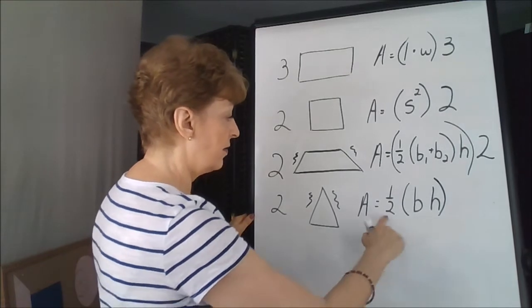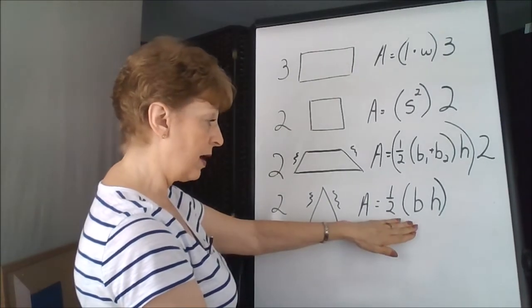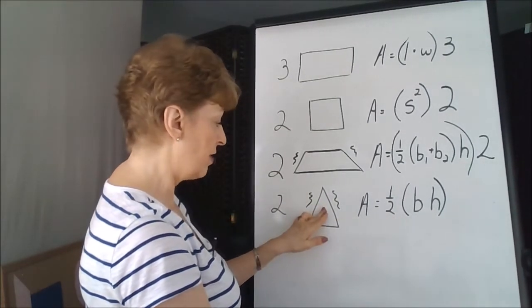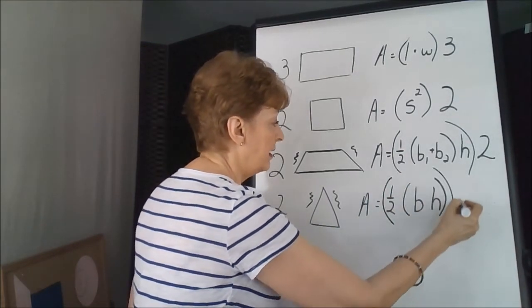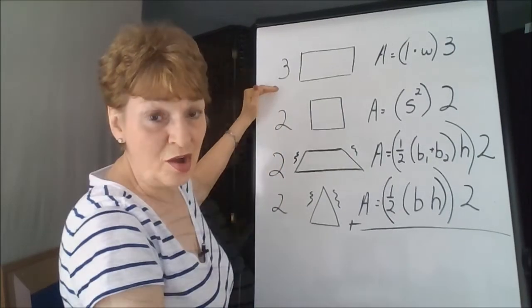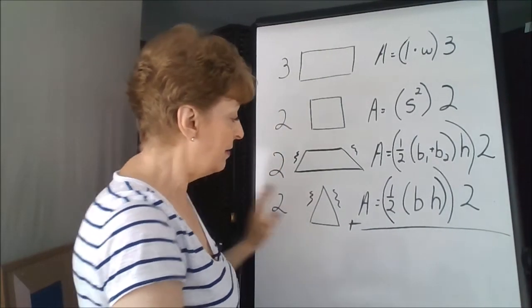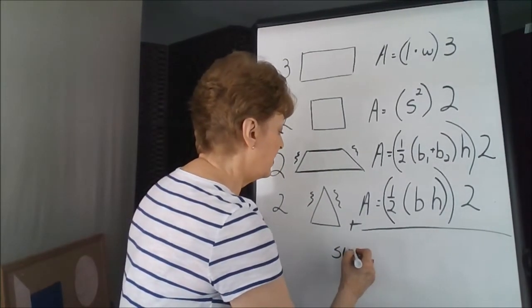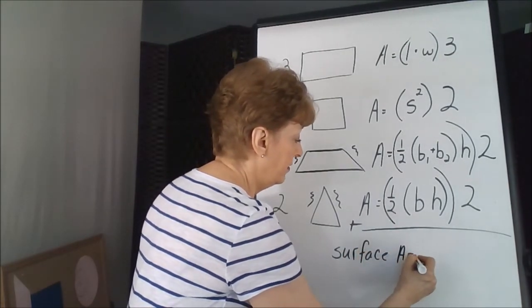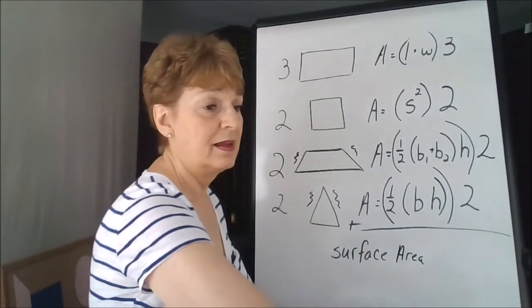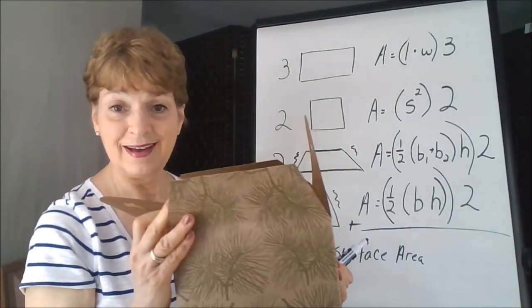And when that's all finished, we have 1 area for the 1 triangle, but we have 2. So all of that gets multiplied by 2. Then we're going to take all the partial pieces and add them up to get the surface area of our box.